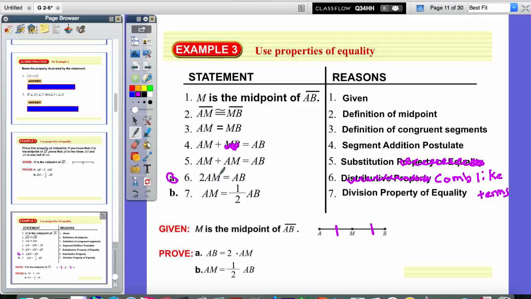And after you combine like terms, technically, to get to this, which is AB equals 2AM, you would actually need to do symmetric property of equality. I differ with the book on how they would do this to make it a true proof.